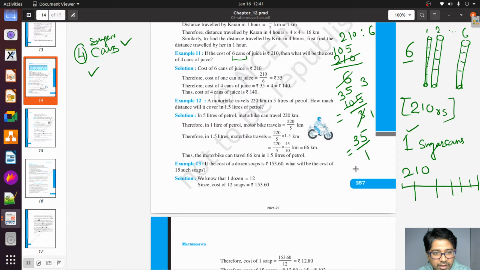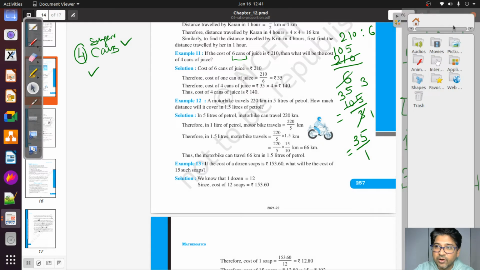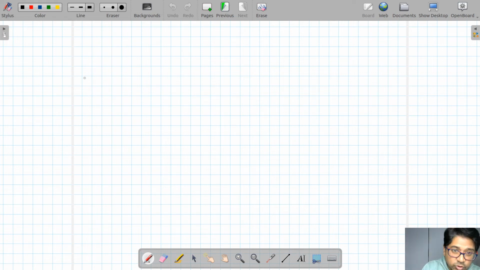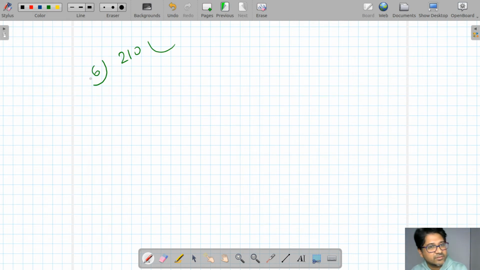Everyone, you got this? If not, you can do the division also. How do I do the division? Another method. Let's see another method. That's 210, and you do division like this. This is the second method.